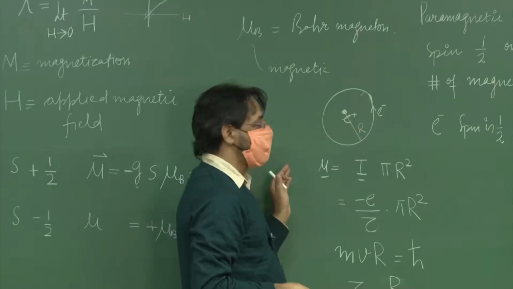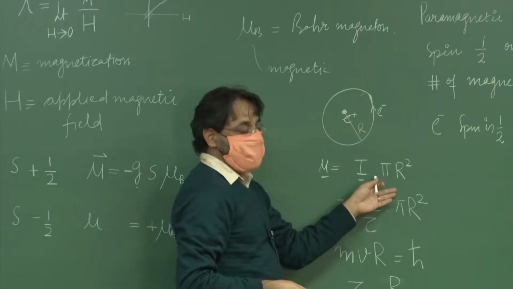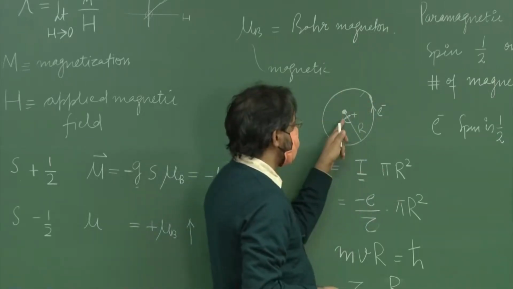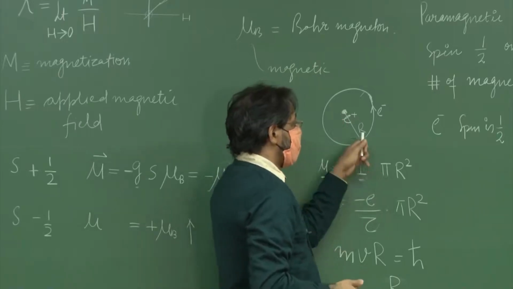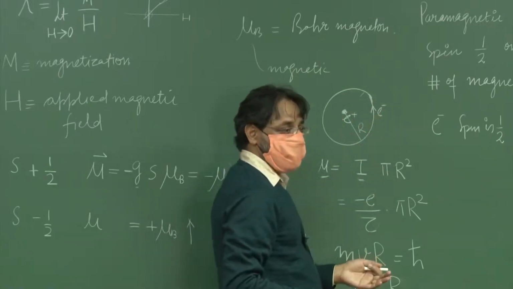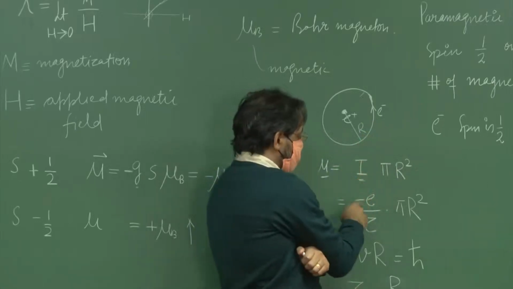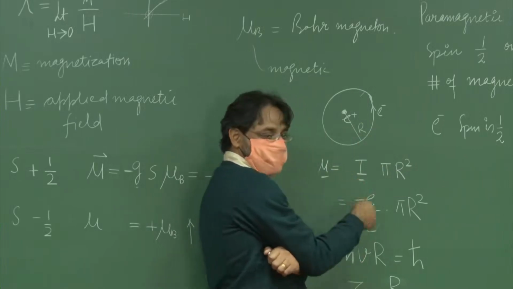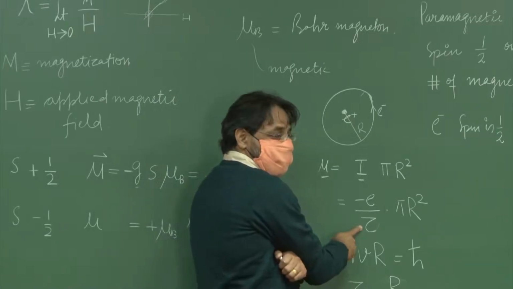The magnetic moment is given by current times the area of the loop, right? The area of the loop is the area of this orbit, and if r is the radius of the orbit, then the area is pi r squared, and the current I is charge divided by time. The time is the time that the electron takes in completing its orbit, so that will be minus e divided by tau, where we have put minus e because of the negative charge of the electron.